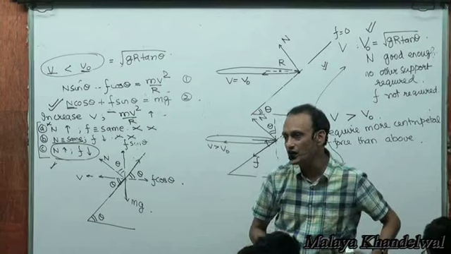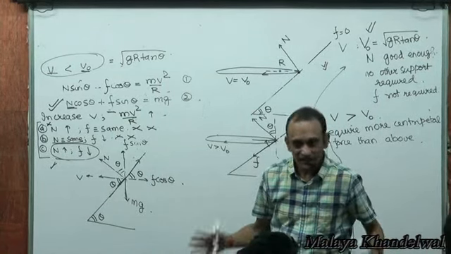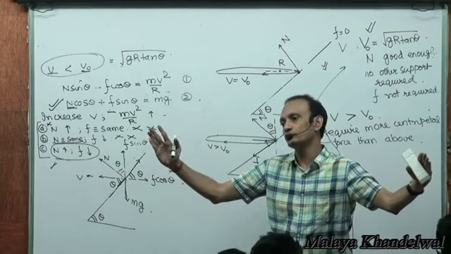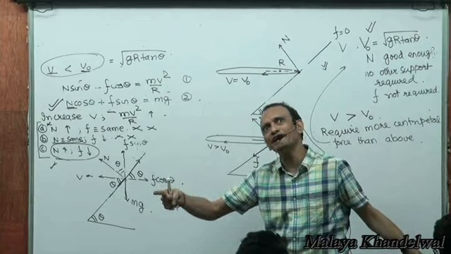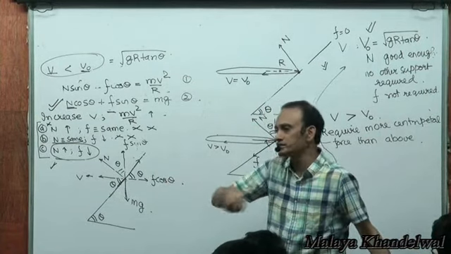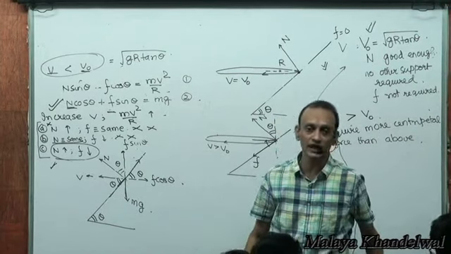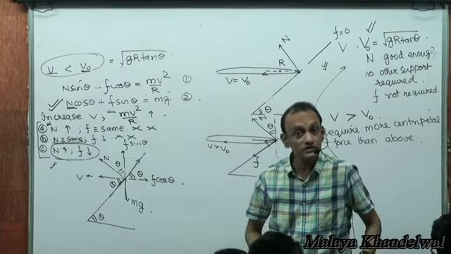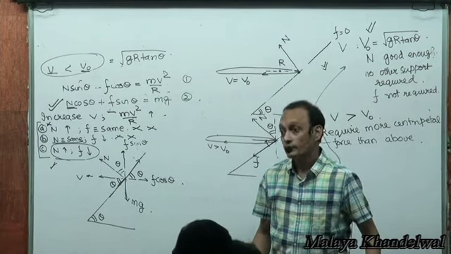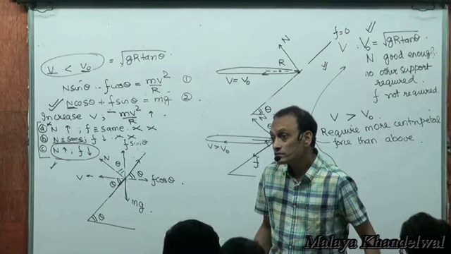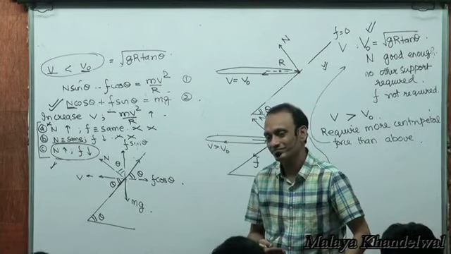Root g r tan theta is good enough for normal reaction to handle. It's a specification of the road. The road makers will specify that we have banked the road at an angle theta to negotiate a circular trajectory of radius r with a velocity root g r tan theta. But obviously you could have had a velocity smaller than root g r tan theta. R cannot be changed. So there is an interplay between n and f.